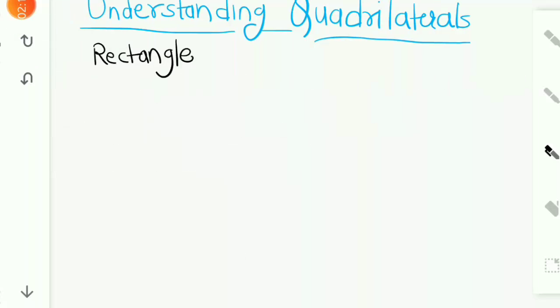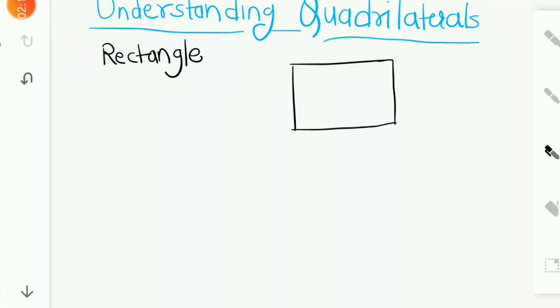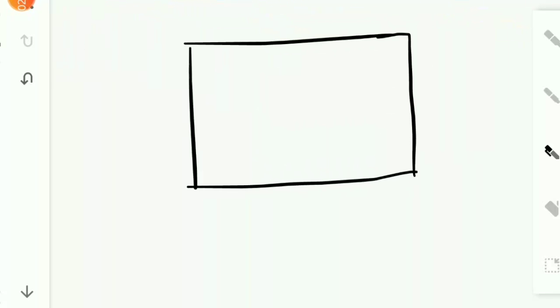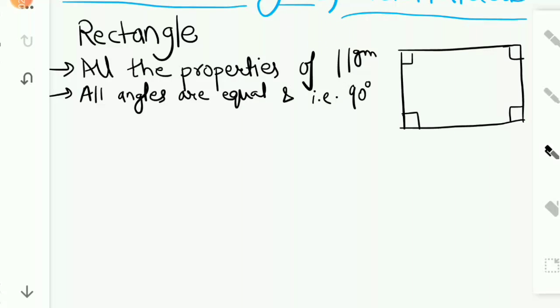It is rectangle. A parallelogram whose all four angles are right angles, that is 90 degrees, is called a rectangle. So a rectangle has first of all the properties of a parallelogram, and then specifically all the angles are equal, that is 90 degrees.